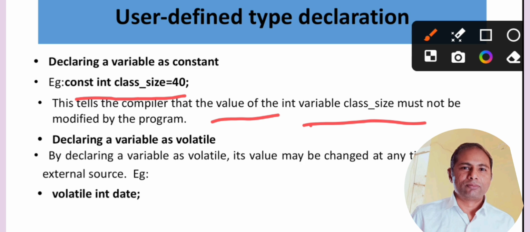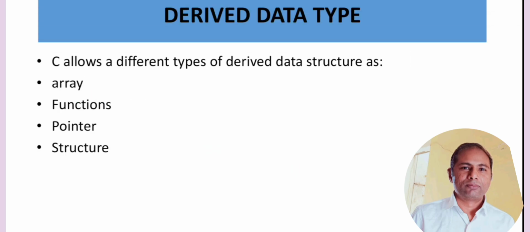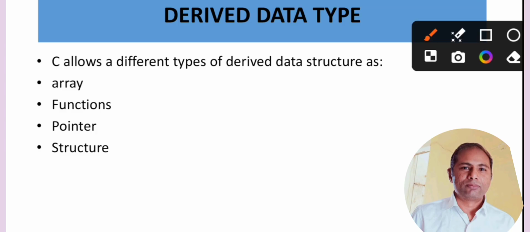Now if I want to change it, then I can use the keyword volatile. By declaring the variable volatile, I can change the value. For example, if I write volatile int date, whatever date I have taken, I can change that date. This is the meaning of volatile. So we have seen two keywords, const and volatile.